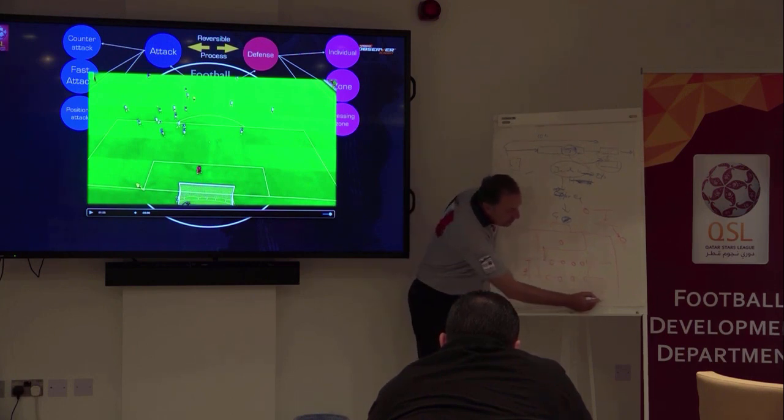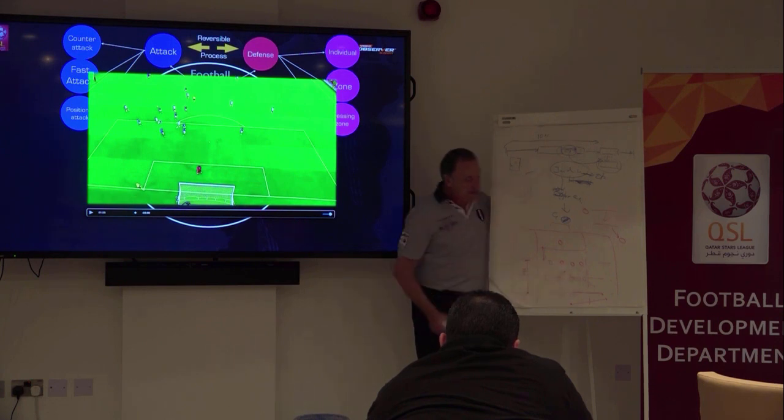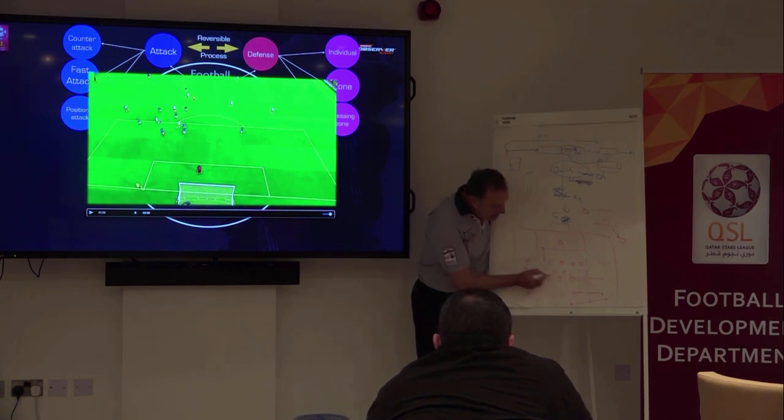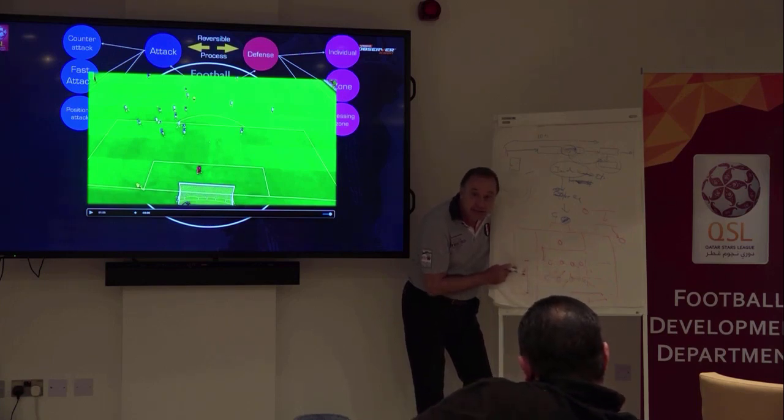The ball goes there, these guys go there. These guys move, give cover. This guy gives cover to this one, and this goes inside for this space, and this guy comes inside for the space. Finish. And this one will take this. Okay? See? We have these lines, and these lines are a reference for the players.